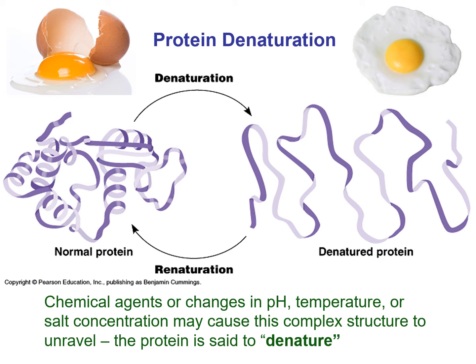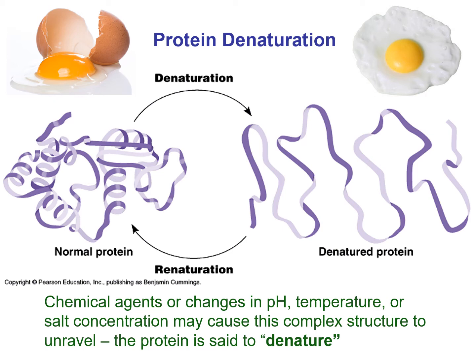It's unraveled, and that has very seriously changed the characteristics of that protein. And in the case of the egg white, you can't renature it. There's no way to make it go back to what you started with. Some proteins sometimes can be renatured. Generally in your body, you don't want your proteins to denature. And that's one of the reasons that your body goes to such lengths to maintain an internal environment.